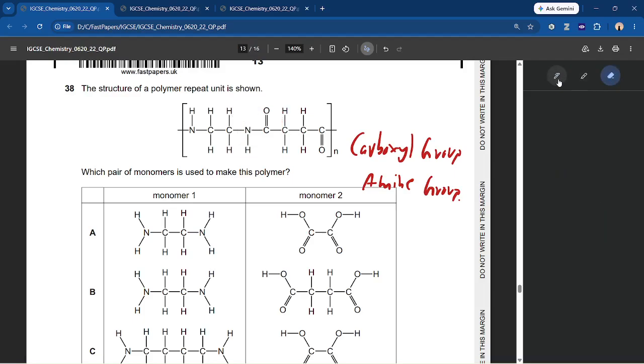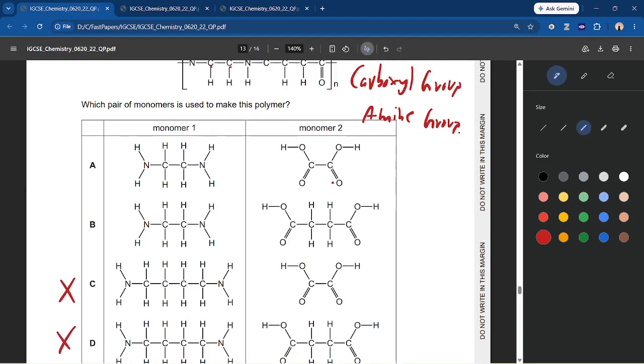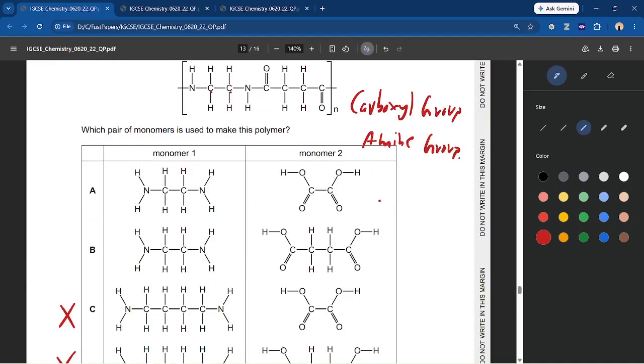So our amine group has to have 2 carbons. Because we need 2 carbons, we can immediately get rid of C and D. And let's go up. For our carboxyl group, we need 1, 2, 3, 4, so 4 carbons. So we can immediately cut this off. So we need 4 carbon, and we need 2 carbon.